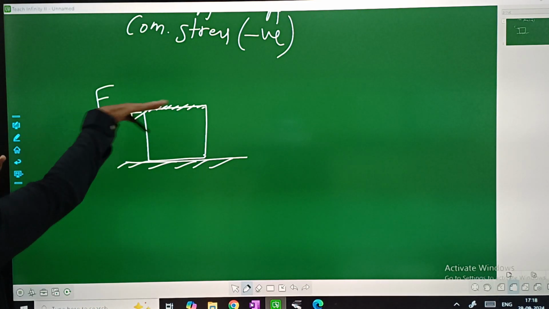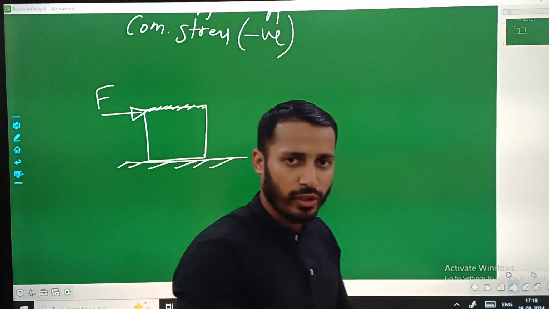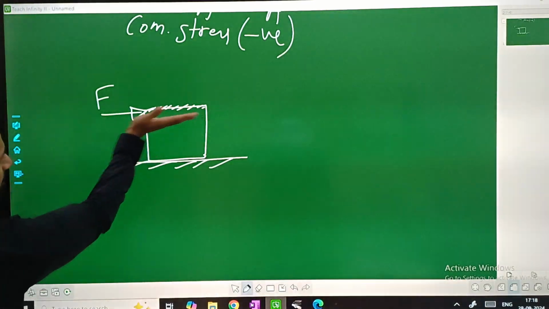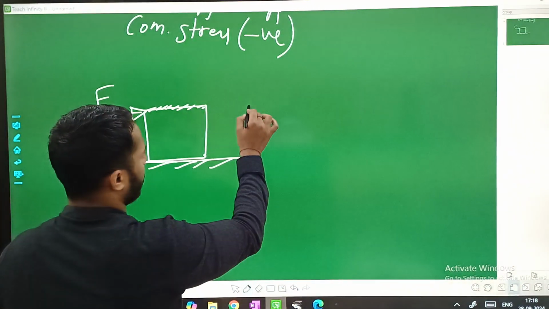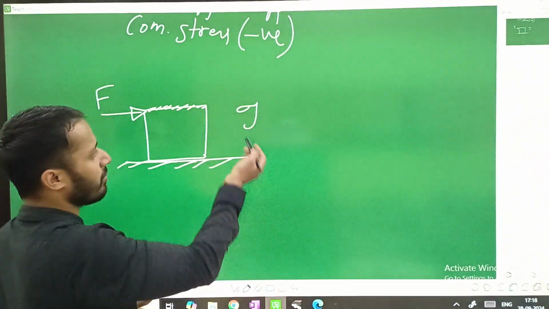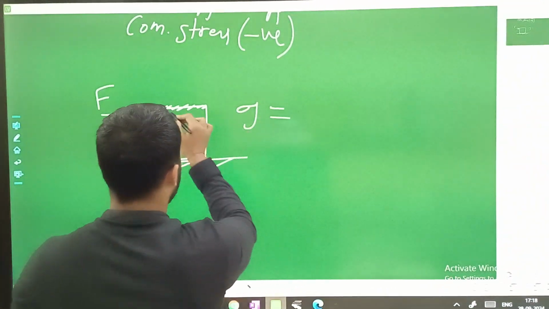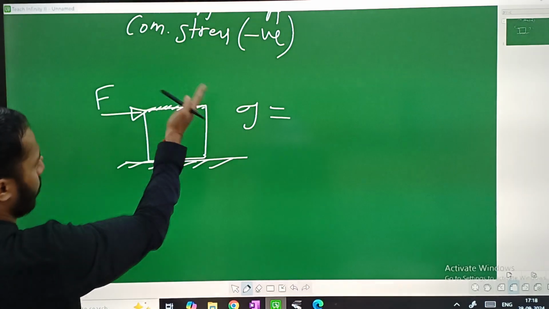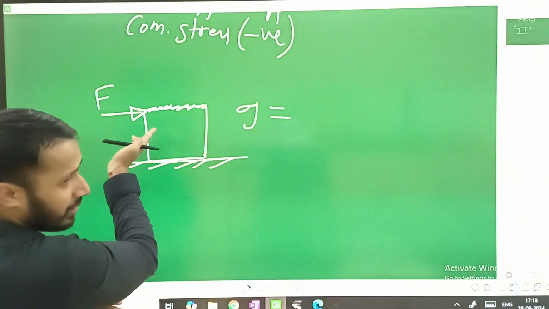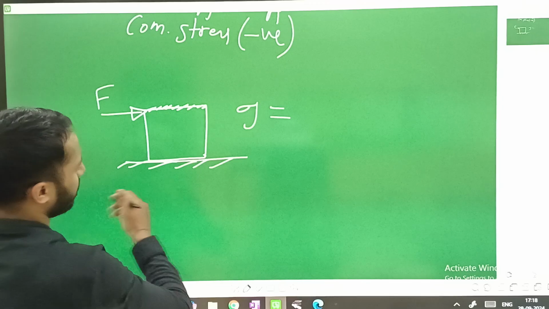Parallel to this area I am applying some force. So again some stress will generate inside the body, and that stress is represented with this sign and is defined as this force. Of course, because of this force some internal force will generate, but mathematically that will be equal to this force alone.